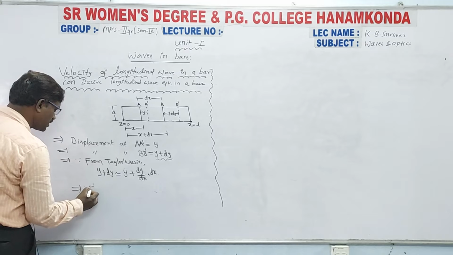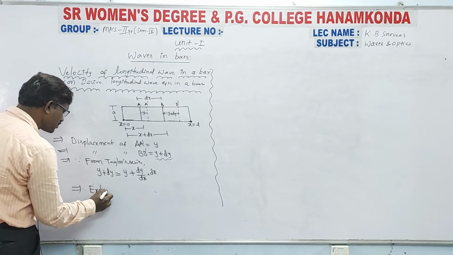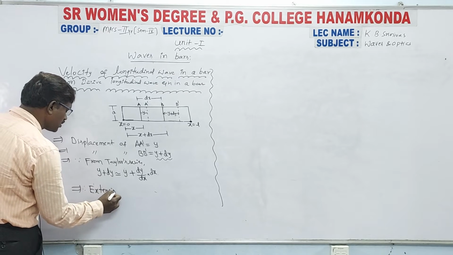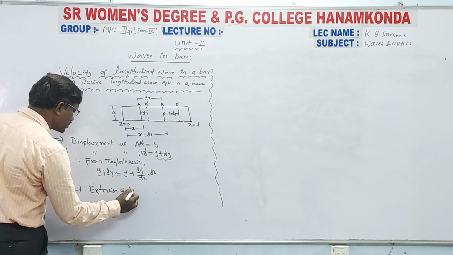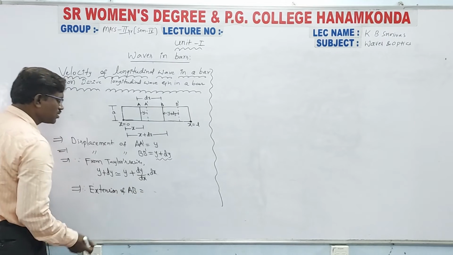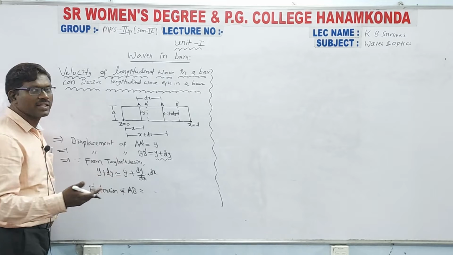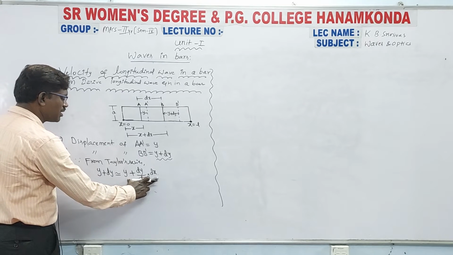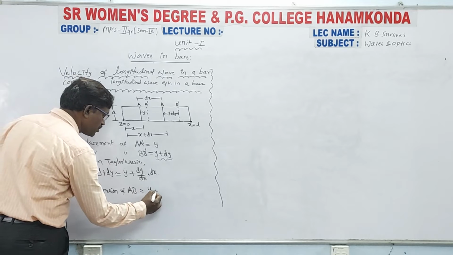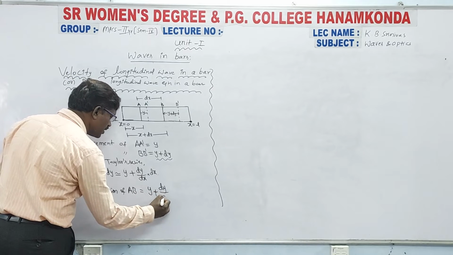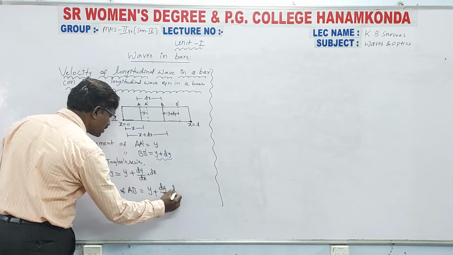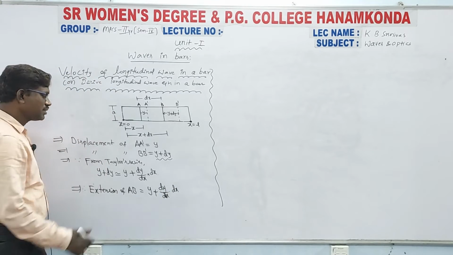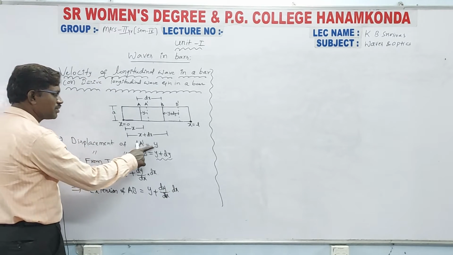I want to calculate the extension in the element, the extension of AB. After the passing of the longitudinal wave in the bar, what is the displacement of the second layer? This one, that is y plus dy by dx into dx. What is the displacement of the first layer? That is y.